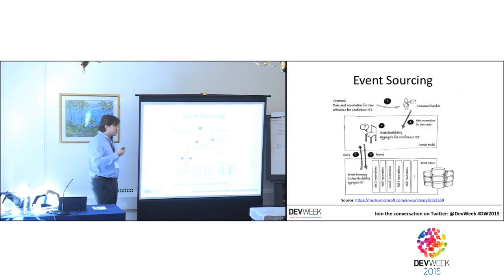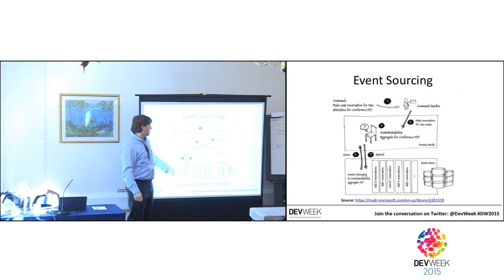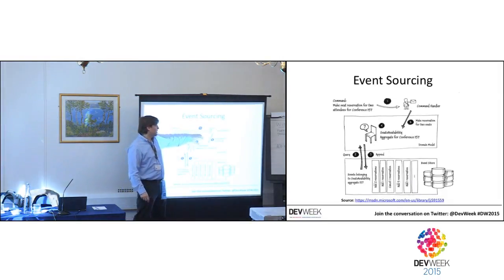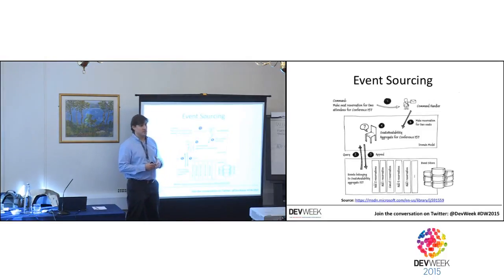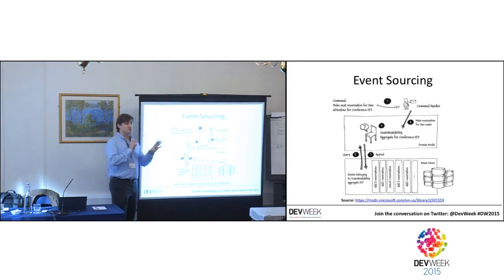The other one is event sourcing. In CQRS, I start with a command. The command leads everything. The command goes to a command handler. CQRS has microservices, so it has complete segregation.